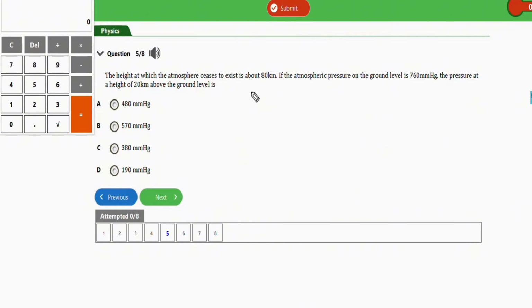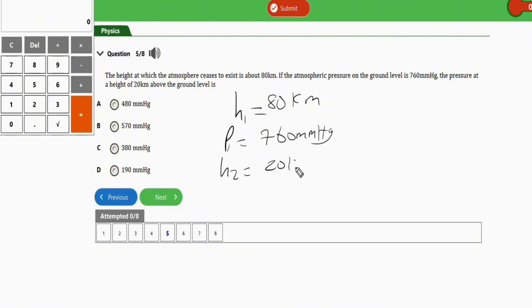Let's get our parameters. We have our H1 to be 80 km. We have our P1 to be 760 mm mercury. We have our H2 to be 20 km. We have our P2 as unknown.